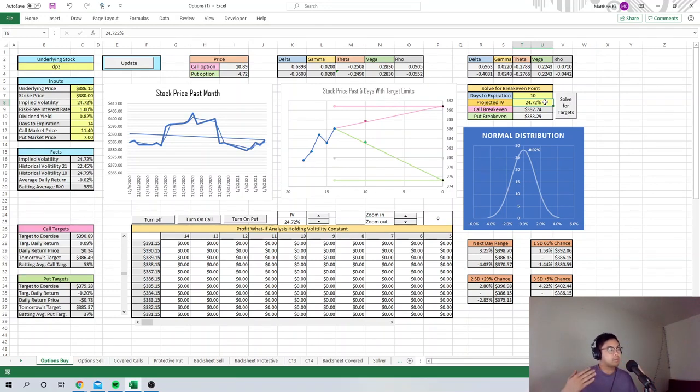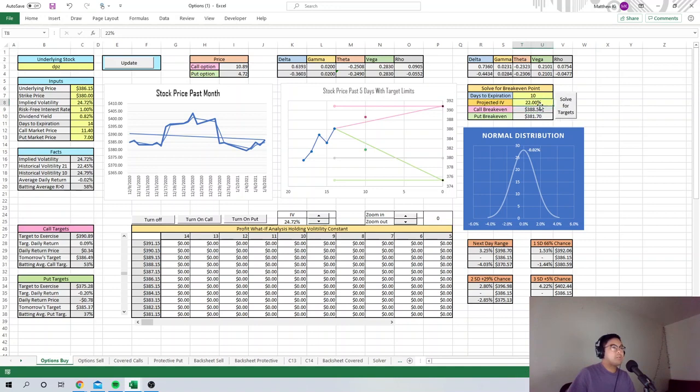Usually, as it comes close to maturity, the implied volatility will go down. So usually what I would do is look at what the options that expire in 10 days are trading at right now, and what their implied volatility is. For the sake of this purpose, I'm just going to put 22.